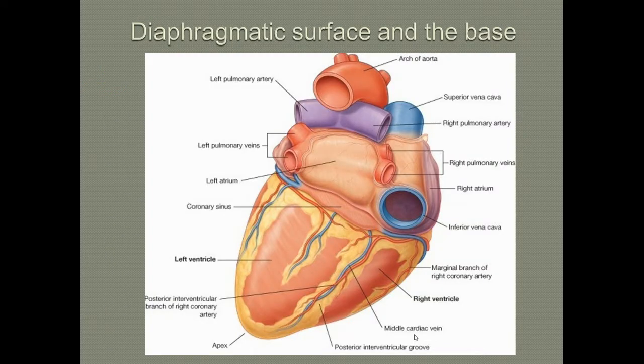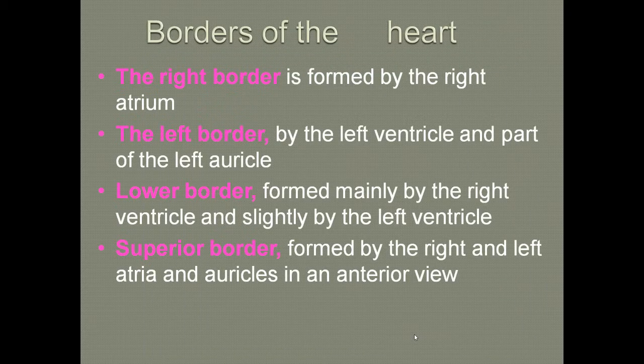So you can see this is a picture: left atrium, left ventricle, right ventricle. The posterior part makes the diaphragmatic surface, and some part of the left atrium also makes part of the diaphragmatic surface.